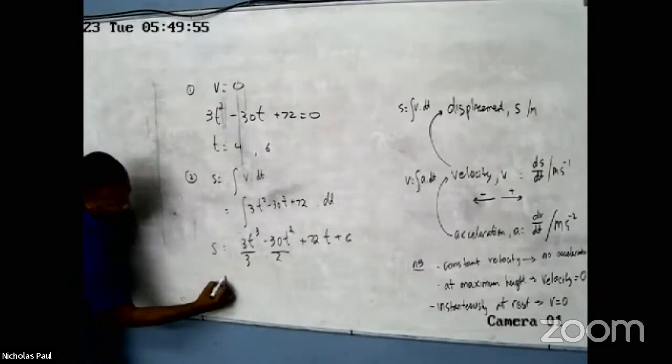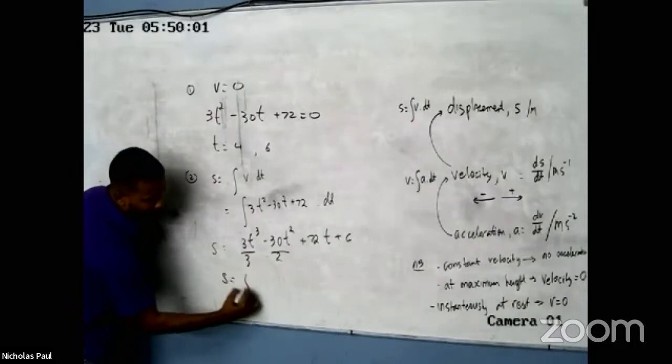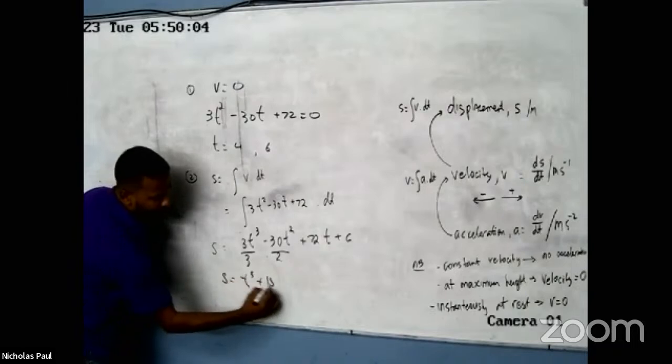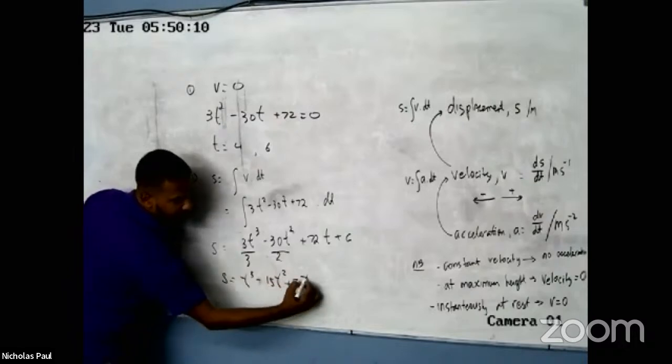When you simplify this, you'll get s is equal to t cubed minus 15t squared plus 72t plus c.